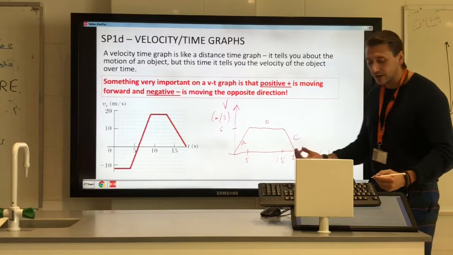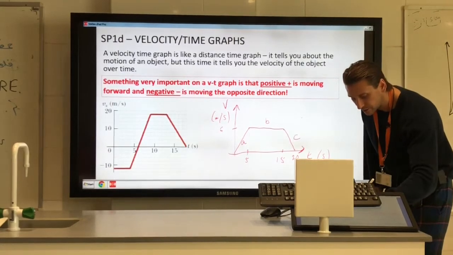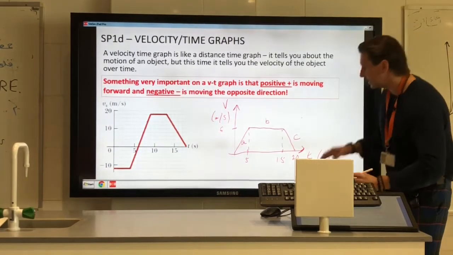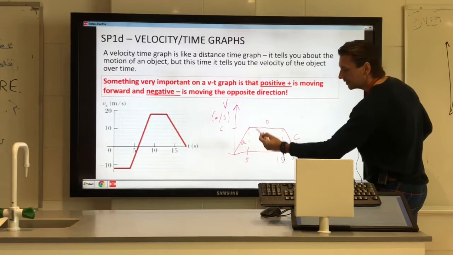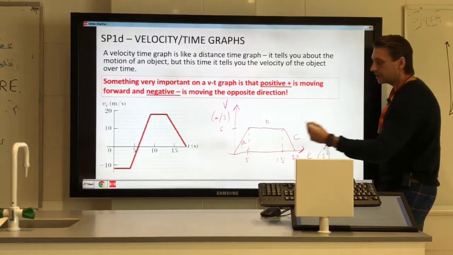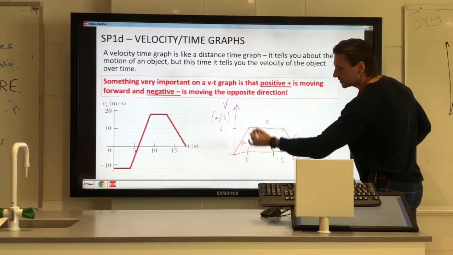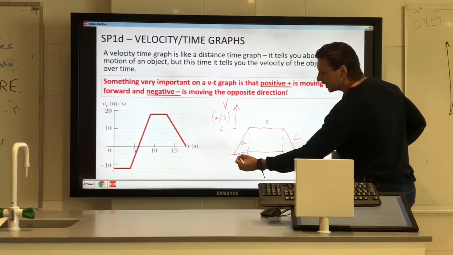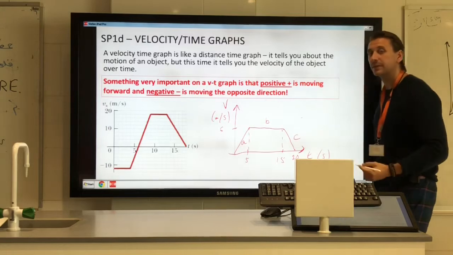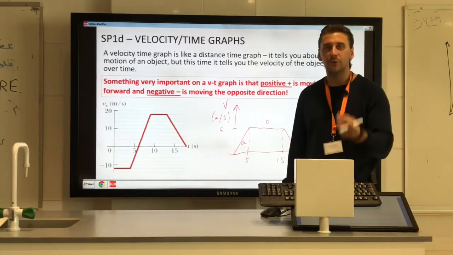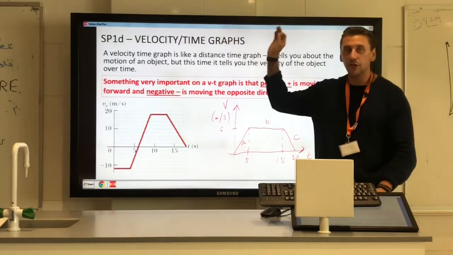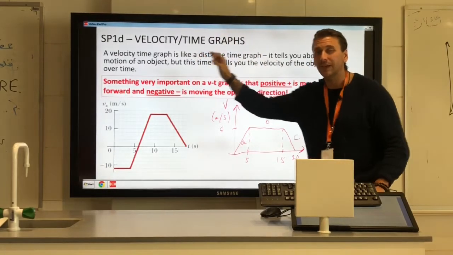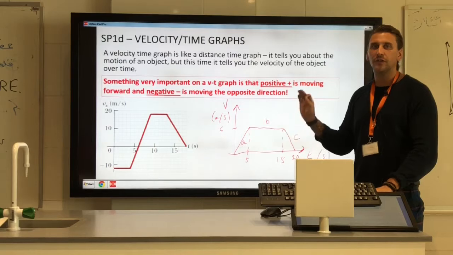So if I find the gradient again on this one, remember we have to do a triangle on these sections here. The gradient here is the rise divided by the run. So the gradient there would be the change in speed, which is 6, divided by the change in time, which is 5, and that would tell me the acceleration of the object. So the gradient of a velocity time graph is the acceleration of the object.